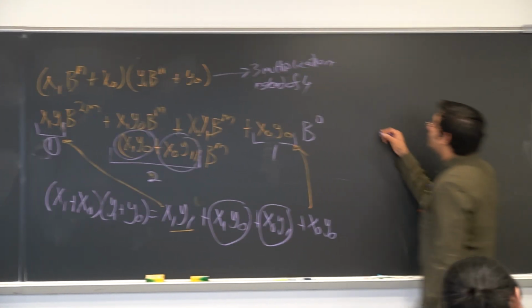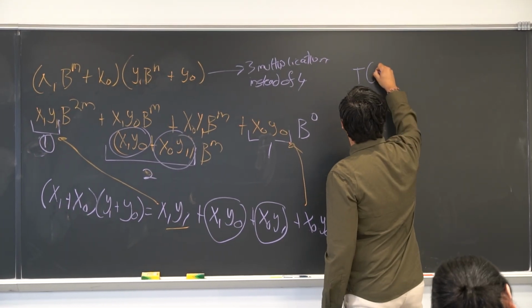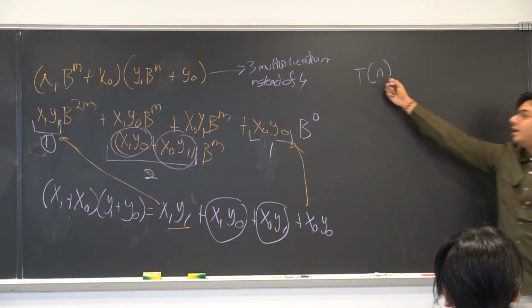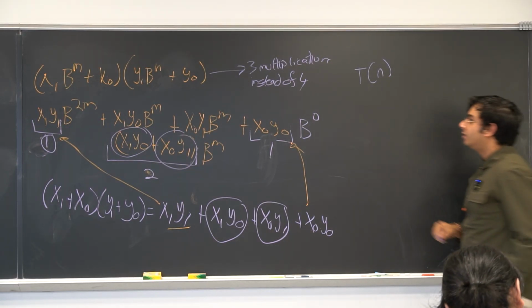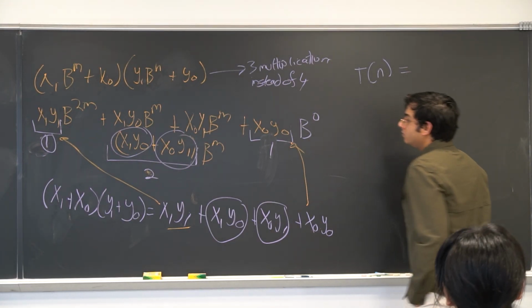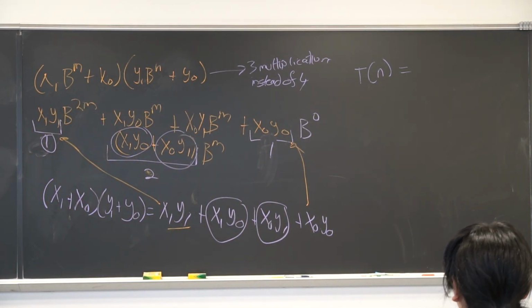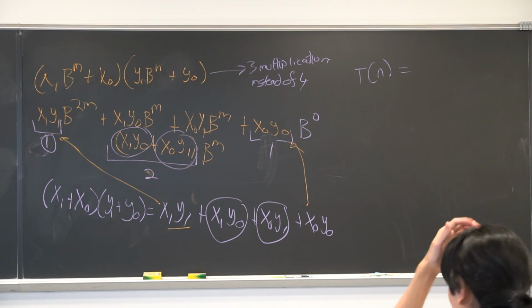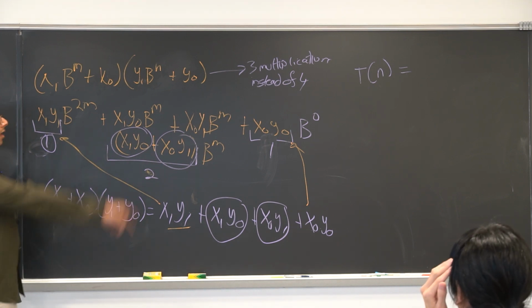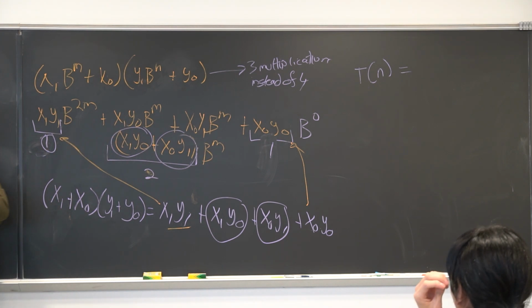if we were to write a recurrence for this, T of n is the amount of time needed to multiply two n-digit numbers together. Does anyone have any idea what a recurrence for this might look like? That was algebra math. But to compute the product of two n-digit numbers, what am I doing?